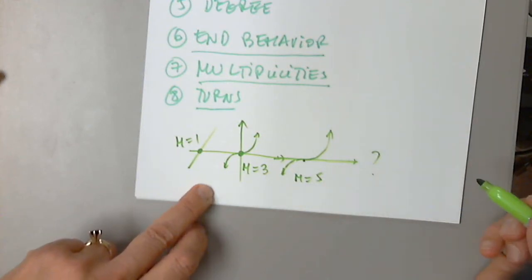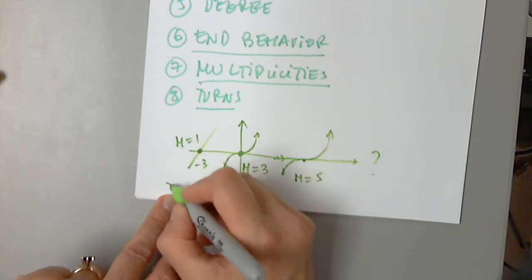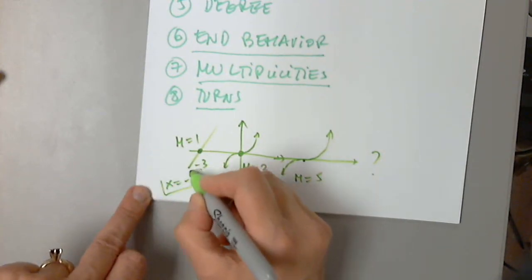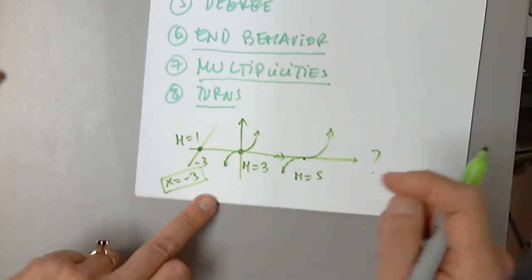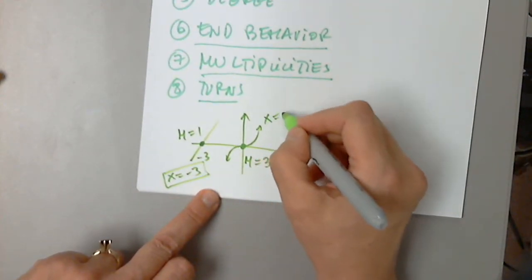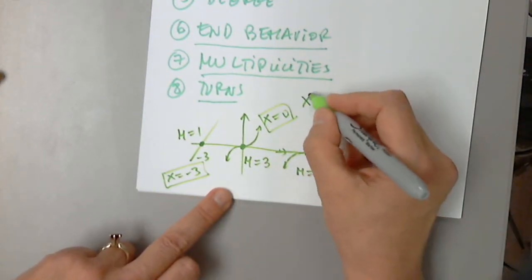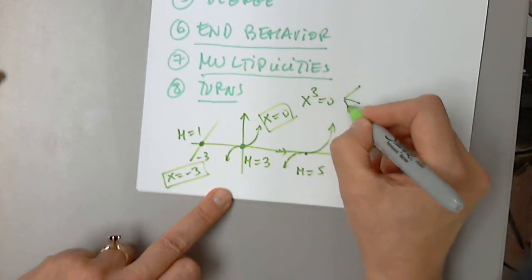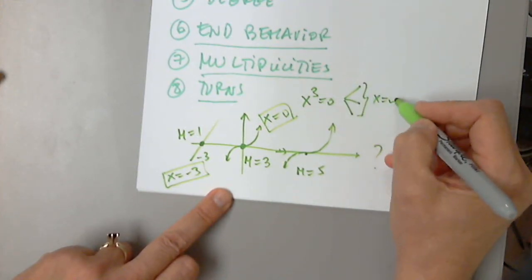What does this mean? It means that this solution, let's say x equals -3, is the only solution, the only x-intercept. But here, the same solution, x equals 0, has 3 appearances because it's x cubed equals 0, and x cubed equals 0 has 3 solutions. But all of them are 0.